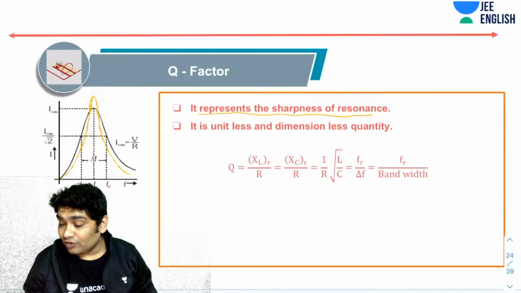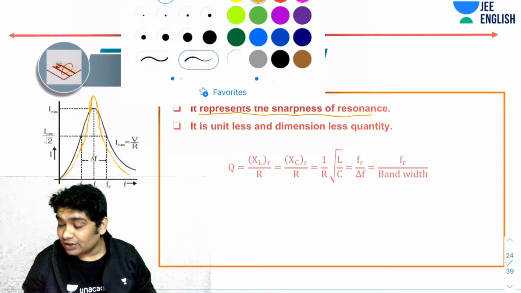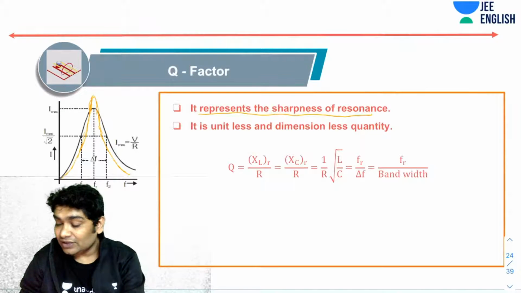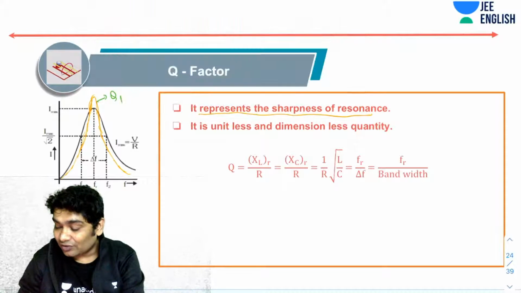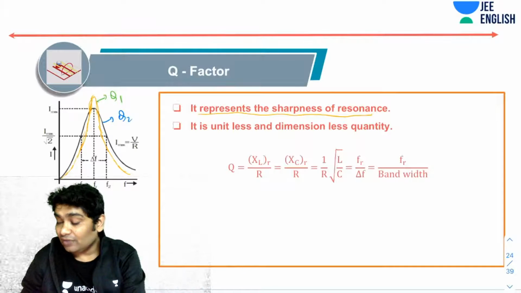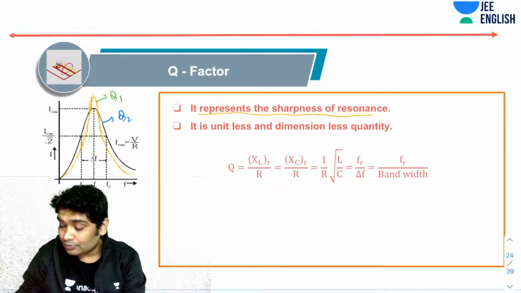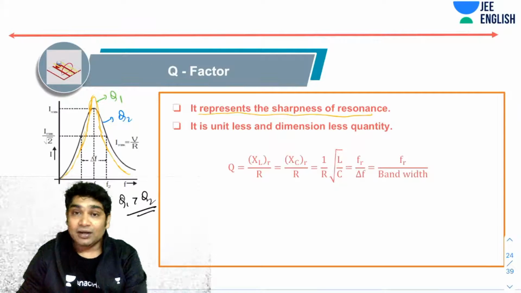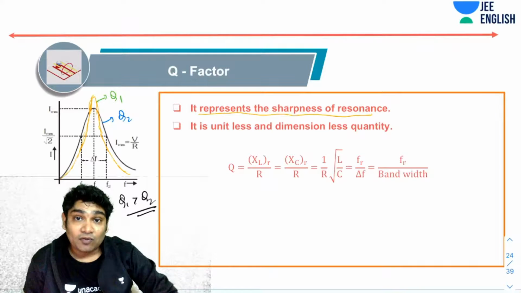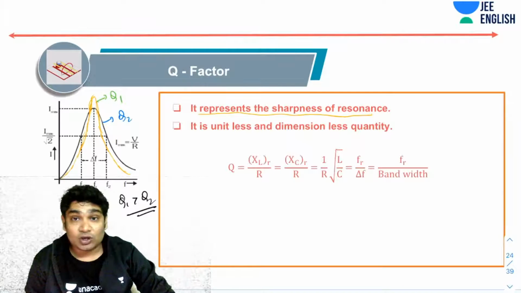If this has a quality factor of Q1 and this has a quality factor of Q2, then I would say Q1 is greater than Q2. The quality factor for circuit number one would have been greater than the quality factor for circuit number two.